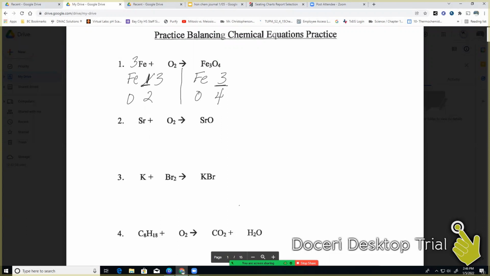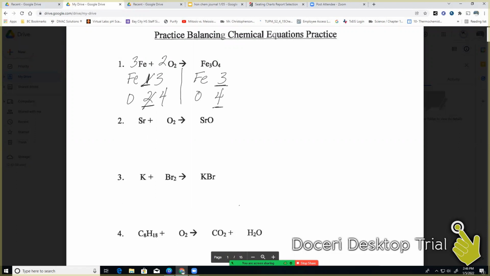So now my iron is good on each side. My oxygen, same thing. 4 here, only 2 here. So what do I need to multiply my 2 by to get me to 4? 2. So that becomes my coefficient there. And then I change that to 4. And there we go. We got a balanced equation. Same number of atoms on each side.